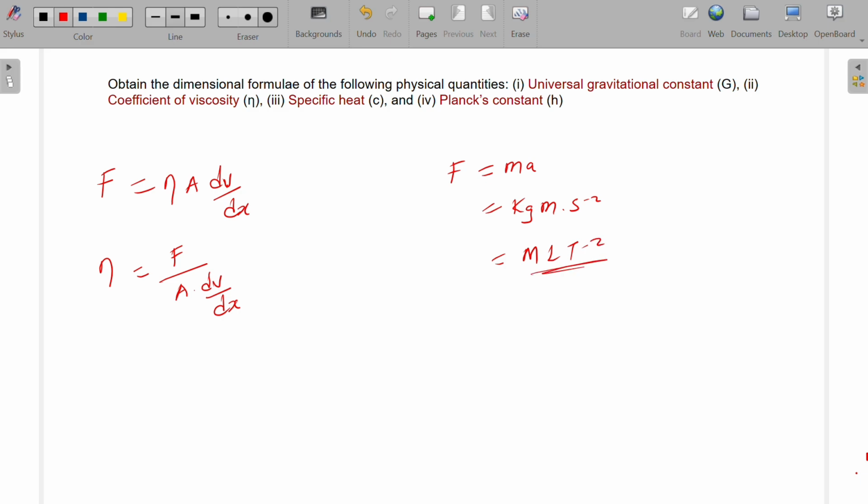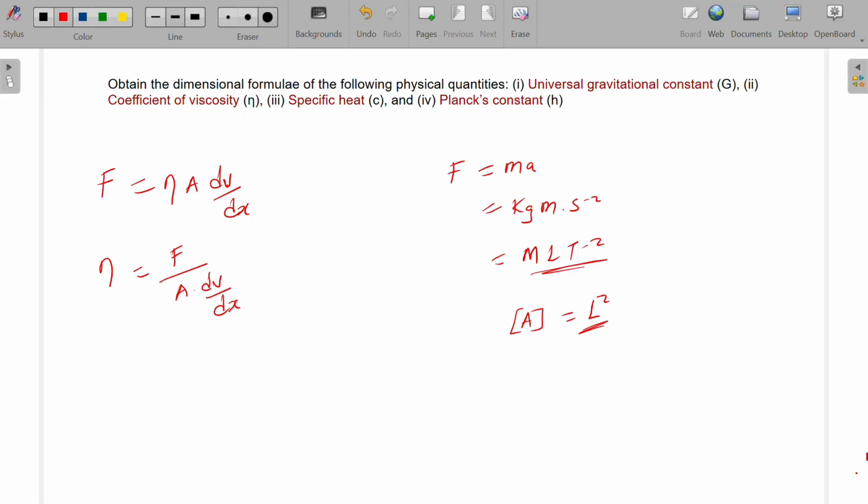So these are the dimensions for force. And then the area is measured in square meters. So the units are square meters. Meters is length, and we'll have L squared for area. So this is the dimension we have for area.